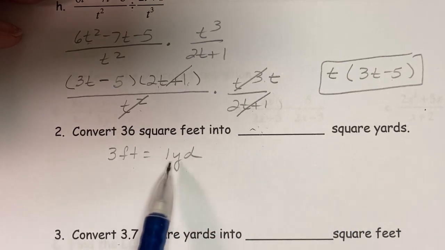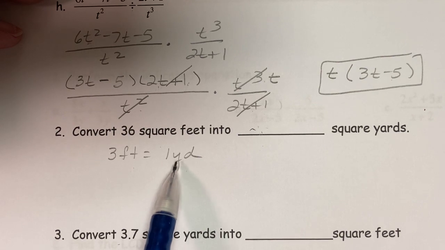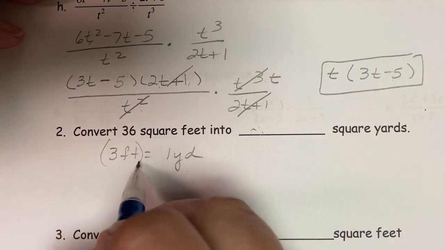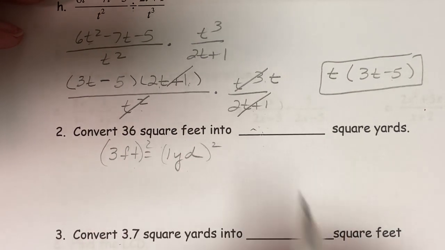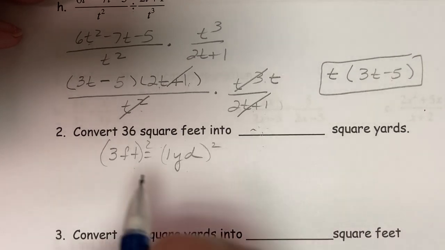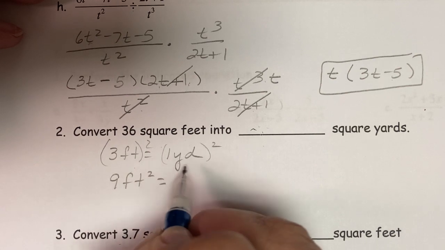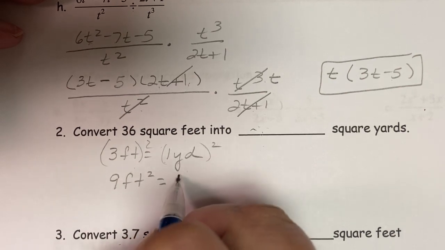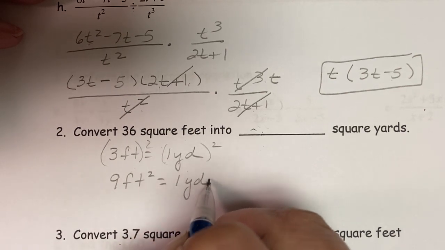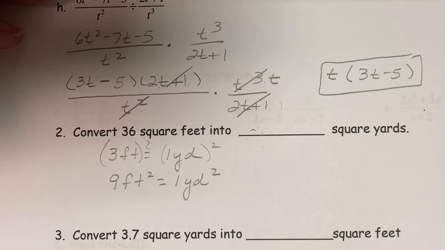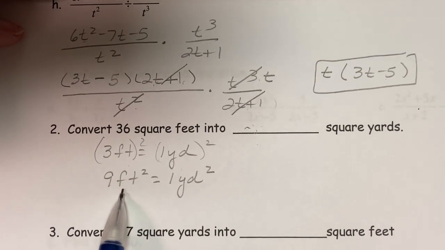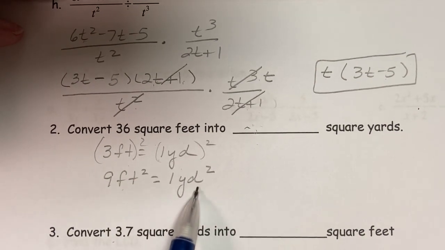So to convert this little equation to square feet and square yards, we square both sides. So this is actually 9 square feet is equal to, now 1 squared is 1 square yard. So 9 square feet is equal to 1 square yard.